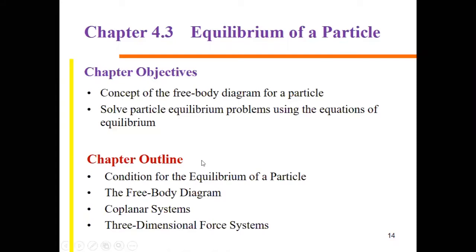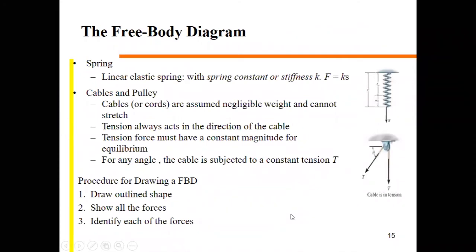So the first condition for the equilibrium of a particle, then the free body diagram, which can be a coplanar system, meaning one plane, or in 3 dimensions. So let us see what a free body diagram is. When a body is in equilibrium, the forces acting on it balance the body so that it is in a static position.